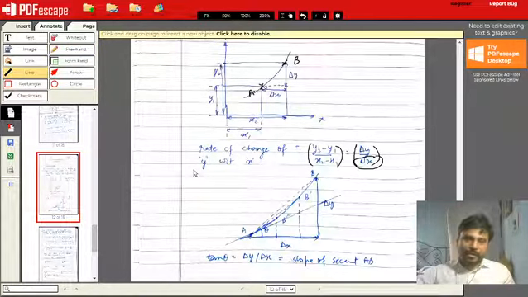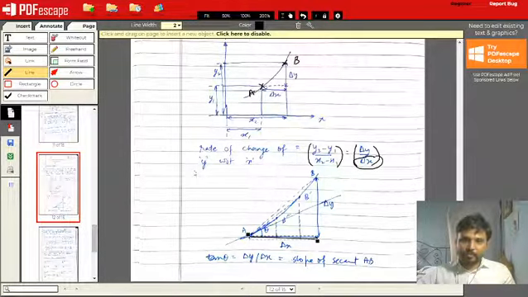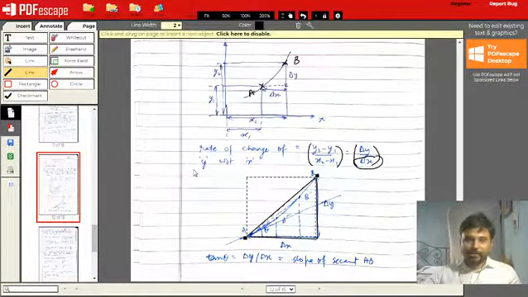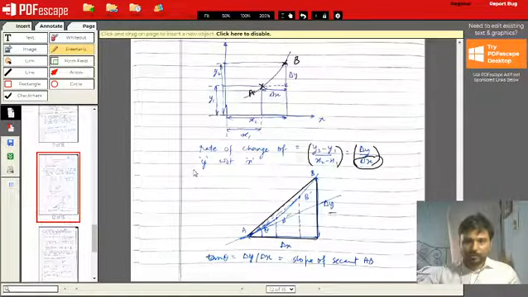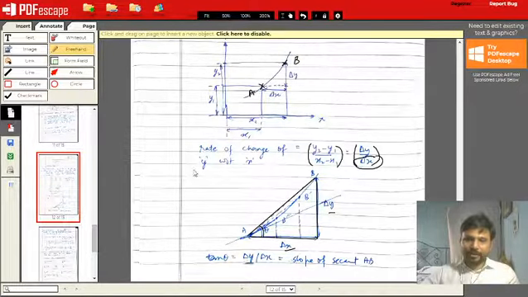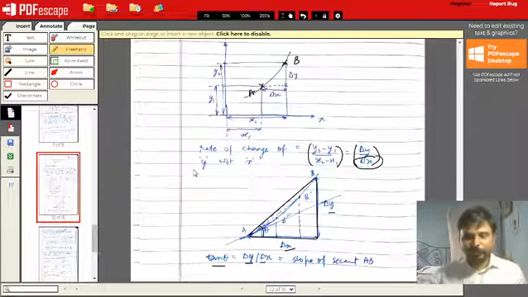Imagine this triangle formed by this line, this line, and this line. In this triangle, this is delta y, this is delta x, and this angle is theta. I hope you are able to see what this angle is. So delta y upon delta x is tan theta, and this is the slope of secant AB.